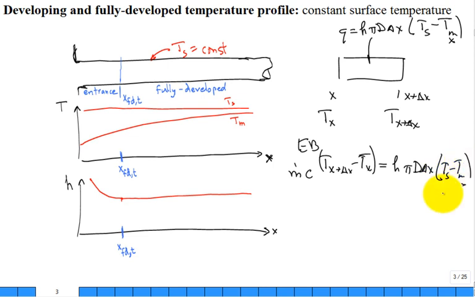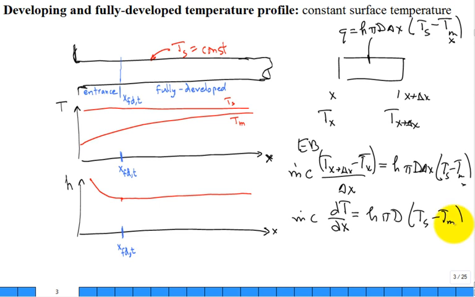Okay. Divide through by delta x, and you get the rate of change of the mean temperature, m dot c, then you have h pi d, Ts minus Tm. You could introduce theta. What would be theta?